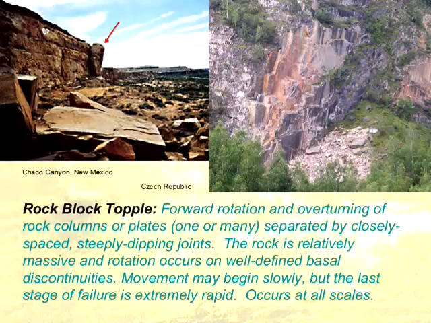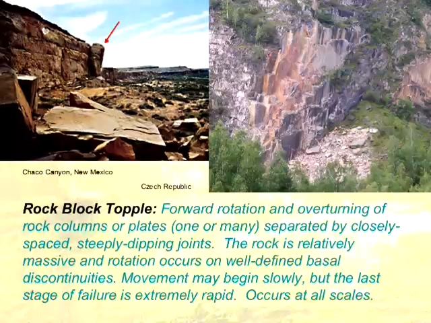And the blocks in the foreground actually belong to another block that had gone through the same process previously. The U.S. Geological Survey monitored that one. They monitored the gradual tilting until one day, bang, and the whole thing fell.